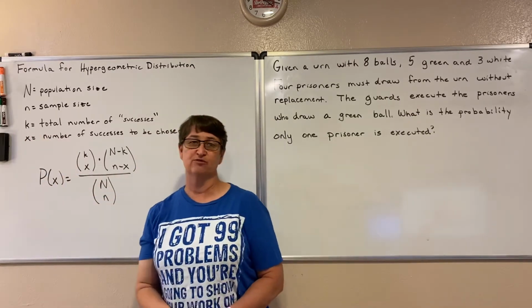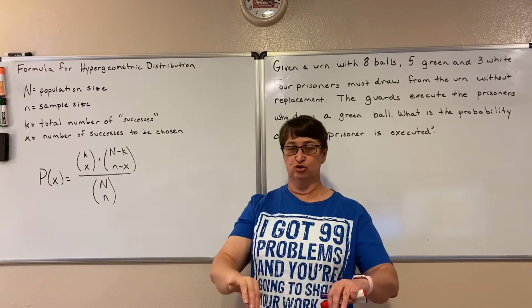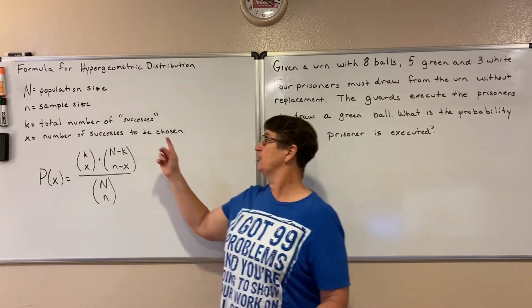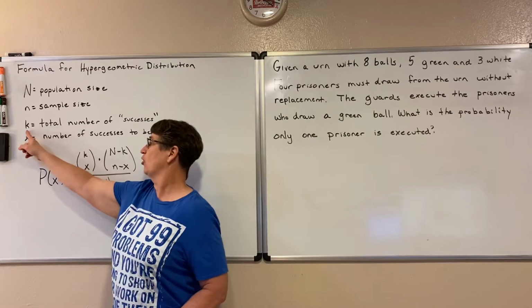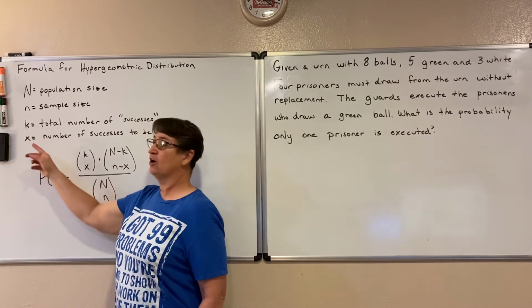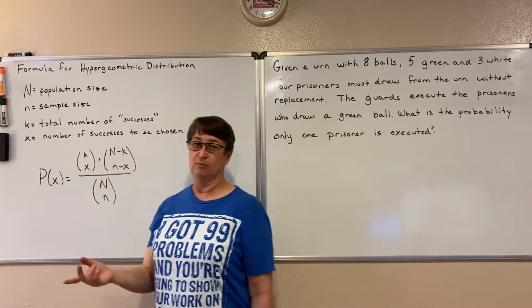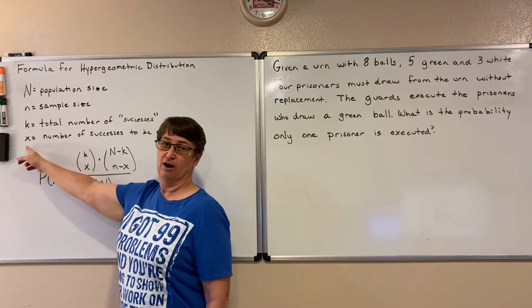So in that previous video, we saw that we could divide our objects into two groups, successes and failures. And the total number of successes we're going to denote with a lowercase k. And then from those total number of successes, we're going to be looking for some of those to be chosen, which will be our random variable of x.